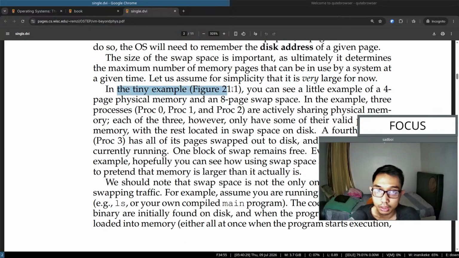In the tiny example, figure 21.1, you can see a little example of a 4-page physical memory and an 8-page swap space.